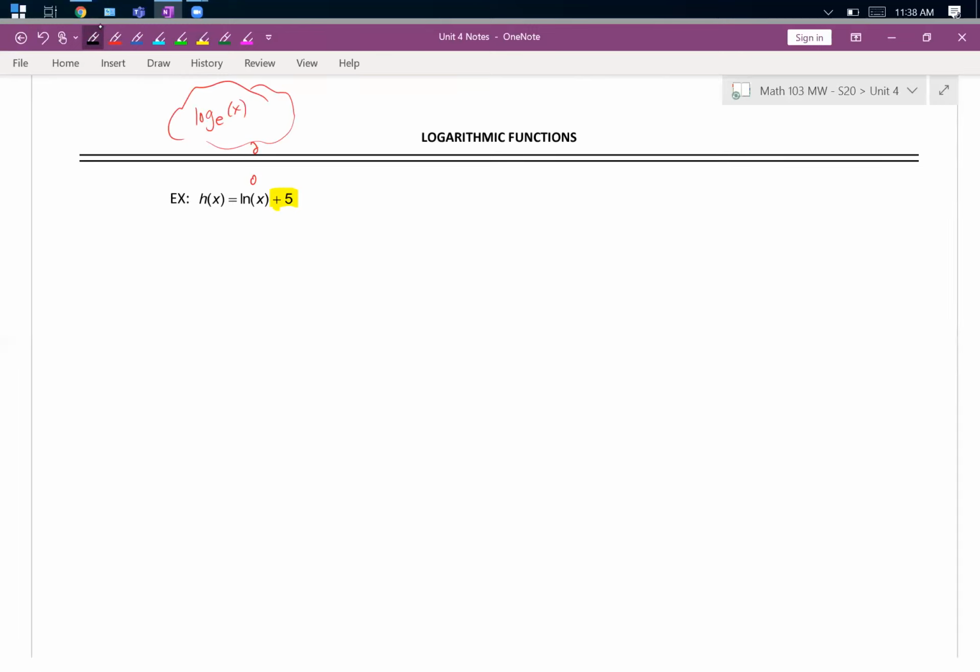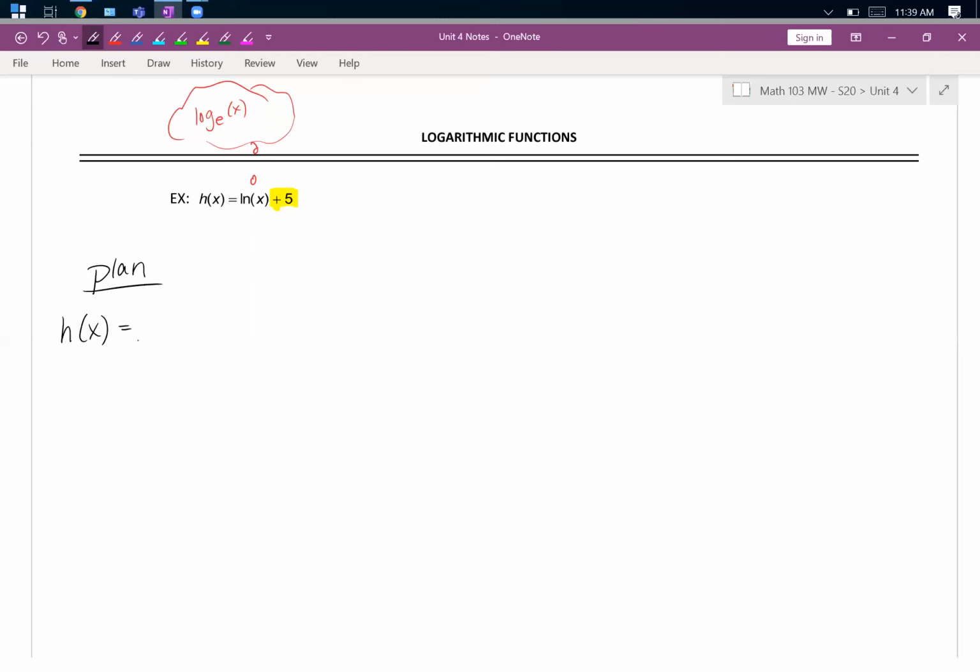Since we're going to be graphing by transformation, let's write out our plan. We want to start by identifying our parent function. What is that parent function going to be? Our parent function is just always log base a of x.